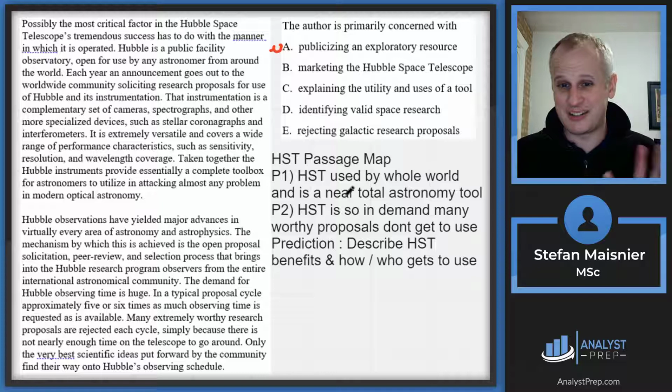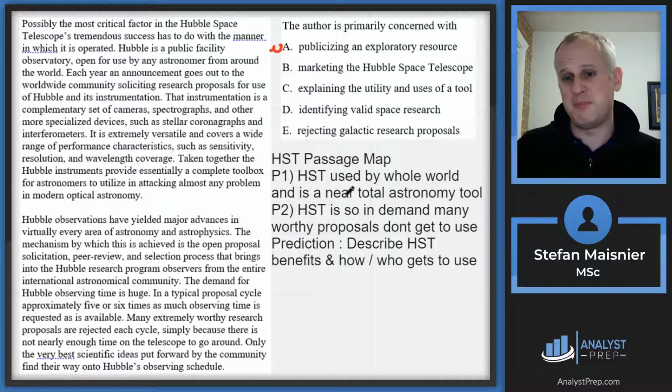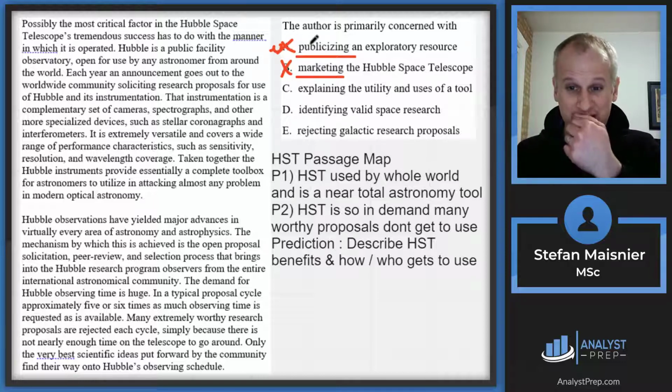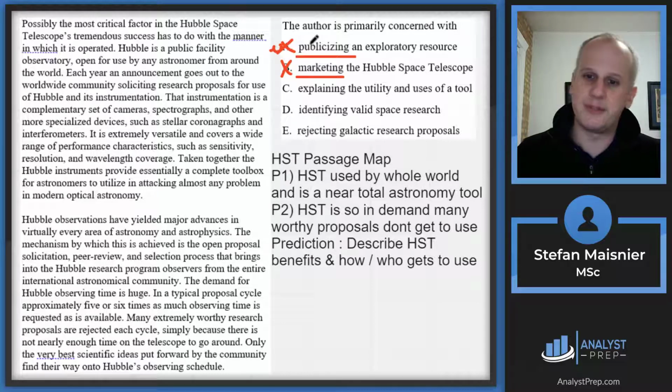And we don't necessarily know about publicizing specifically, but seems broadly in the right area. Now, marketing the Hubble Space Telescope. Are we actually marketing it? I'd say no, and that seems extreme. And when we compare marketing to publicizing, they're basically the same thing. And if you've got two answer choices that say the same thing, they both have to be wrong. So A, even though it seemed reasonable, can be eliminated for that reason.